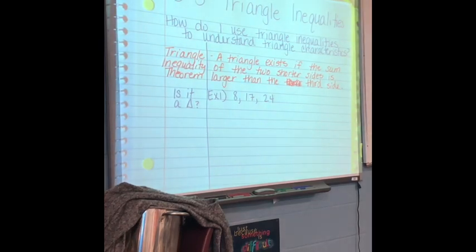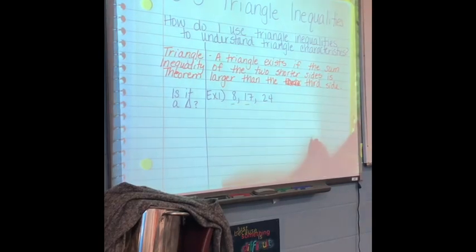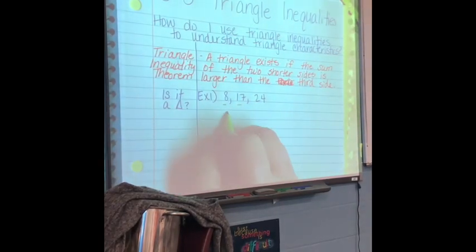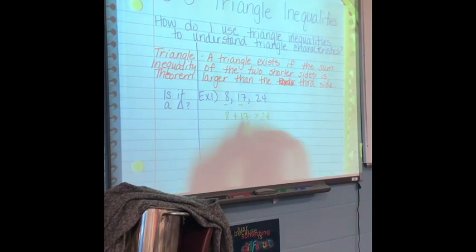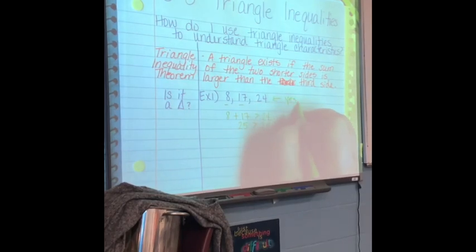All right, so my two shorter sides here are 8 and 17. And they want to know, is 8 plus 17 greater than 24? Well, what's 8 plus 17? 25. Is 25 greater than 24? Yeah, that's a true statement. If that's a true statement, then this is a triangle.